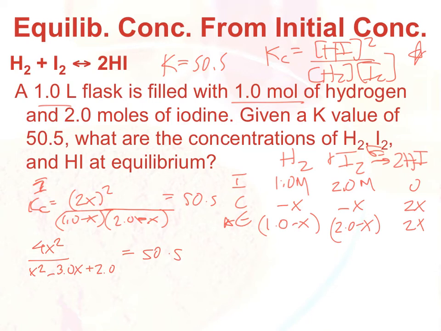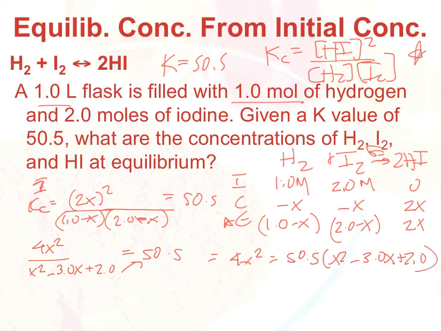We go ahead and cross multiply. That's going to give us 4x squared is equal to 50.5 times (x squared minus 3.0x plus 2.0).